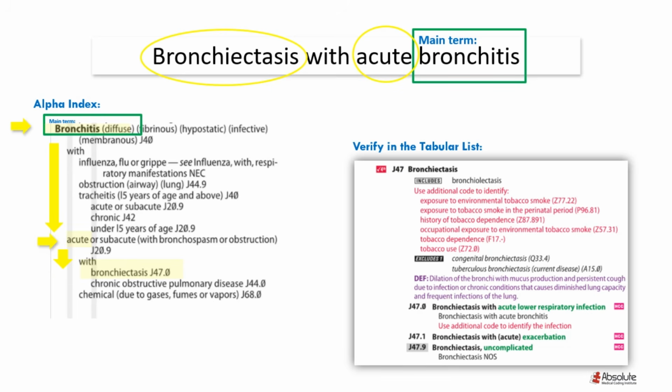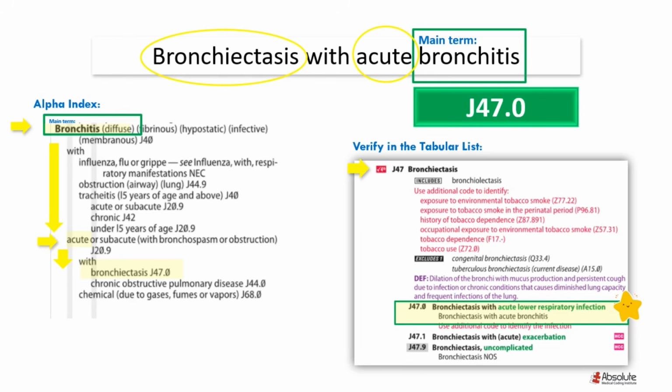So I like J47.0, and that's our answer. So if you said J47.0, outstanding. But if you learned something, that is priceless. All right, coders, I'm ready to keep going. Are you? Let's do it.